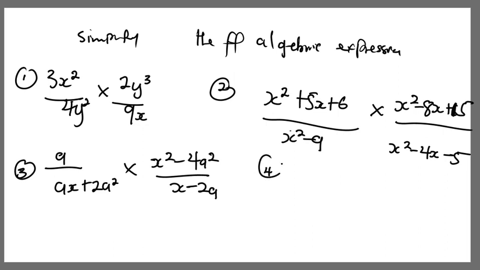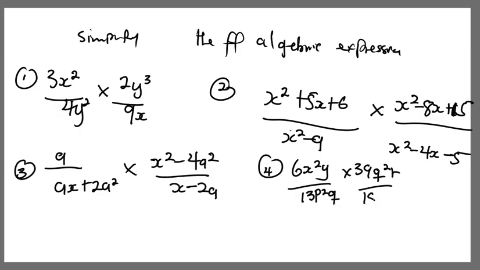Then we have the fourth question: 6x squared y over 13p squared q times 39q squared r over 18y squared z, divided by x squared p squared over q times qr.